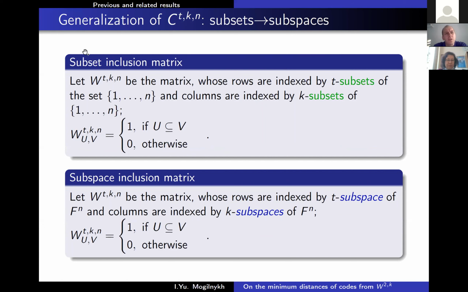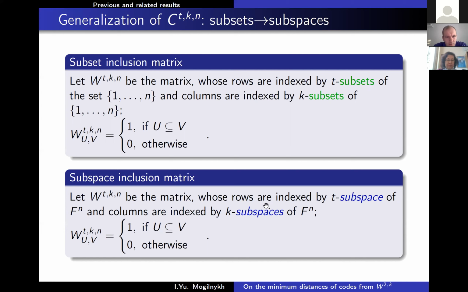In the ordinary definition of the subset inclusion matrix, we have a matrix whose rows and columns are indexed by subsets of certain sizes, and an entry is equal to 1 if a certain subset is a subset of a larger subset. In the following generalization, one might replace the word subset with subspace.